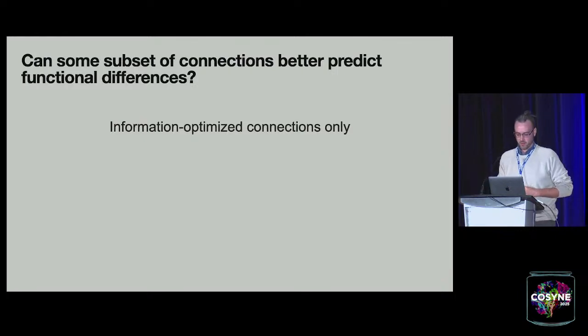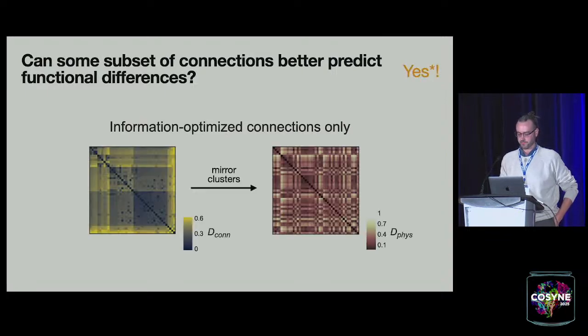That said, we have already seen that strong inputs play an important predictive role, so perhaps there is a subset of connections that are going to do better. I used information theory to define an optimal range of connection weights to compute connectivity distance with. And when I do this, we can see that connectivity distance does start to predict functional distance for a subset of the connectomic clusters, which I plotted in the top left quadrant here.